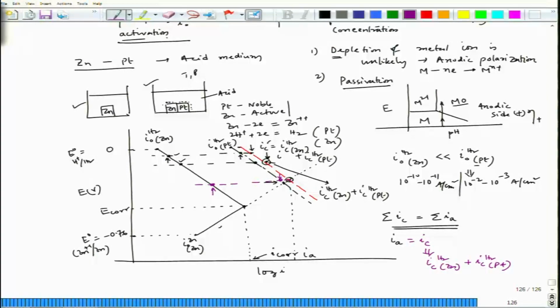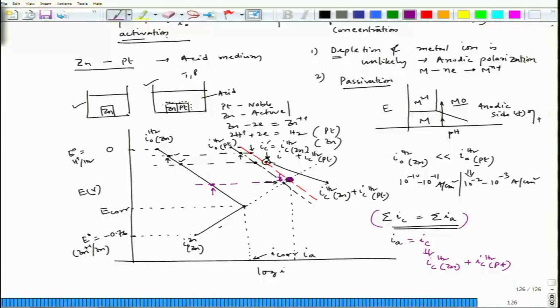Then I could see that at this point the two hypotheses of mixed potential theory are met. First, it is reaching a mixed potential, and then at that potential this condition is fulfilled.